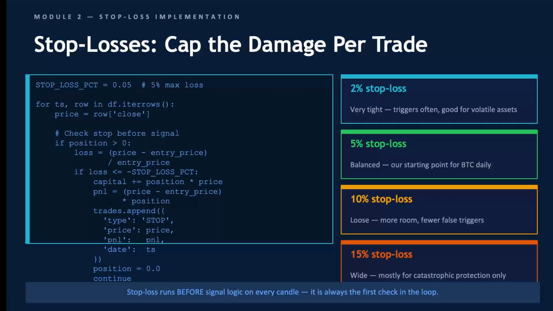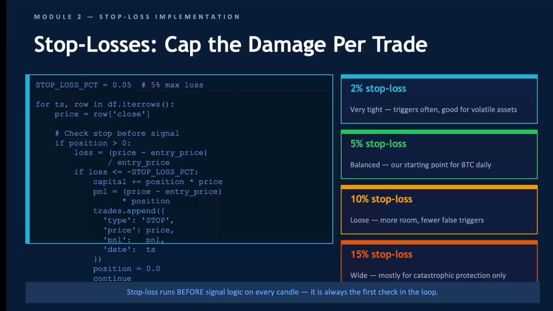And here is how to implement a percentage-based stop loss inside the backtest loop. The stop loss is checked before the signal check on every candle. If price drops 5% from our entry, the position closes immediately, regardless of whether a sell signal has fired, and this caps the maximum loss on any single trade.